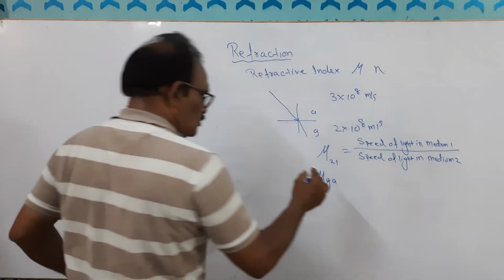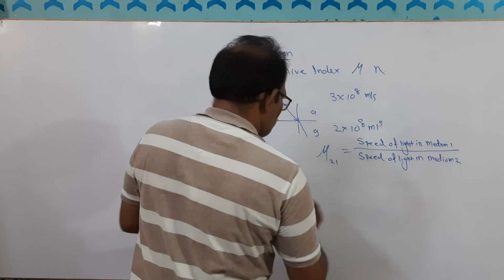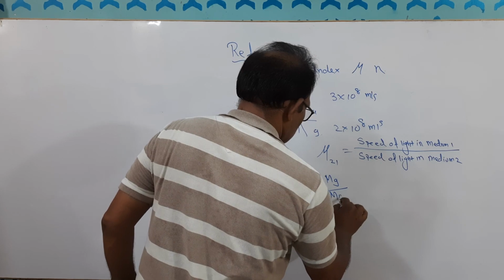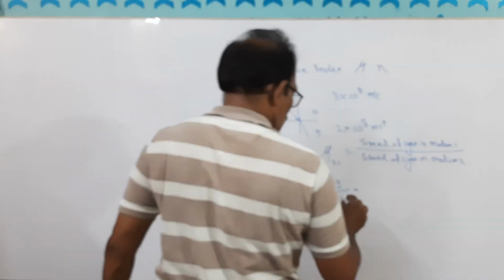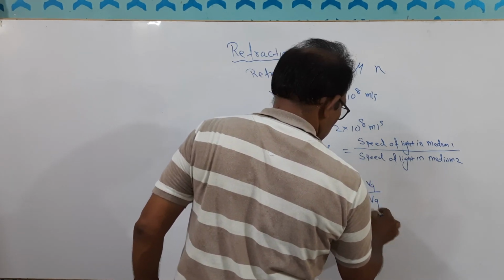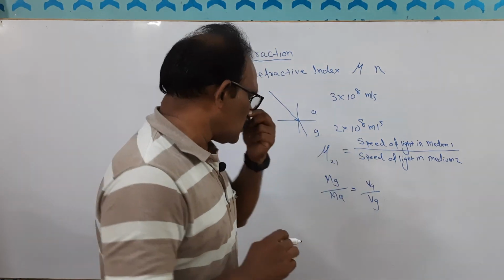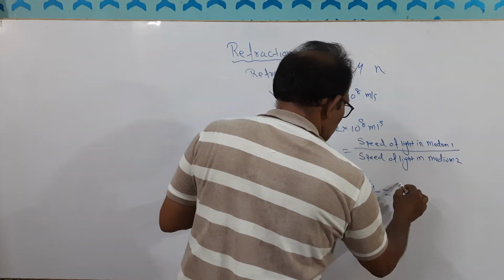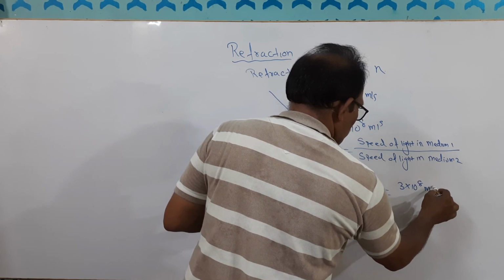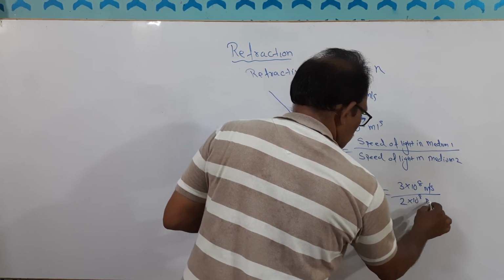Glass over air is equal to, we will take out the ratios. mg by ma. mg का क्या होता है? va वेलोसिटी है क्योंकि प्रोपोर्शनल है और ये इसका प्रोपोर्शनल. हम mg में वेलोसिटी ऑफ एयर लेंगे और ma में वेलोसिटी ऑफ ग्लास लेंगे. तो वेलोसिटी ऑफ एयर कितना था? 3 इंटू 10 टू दी पावर 8 मीटर पर सेकेंड था. और ये ग्लास में कितना था? 2 इंटू 10 टू दी पावर 8 मीटर पर सेकेंड था.